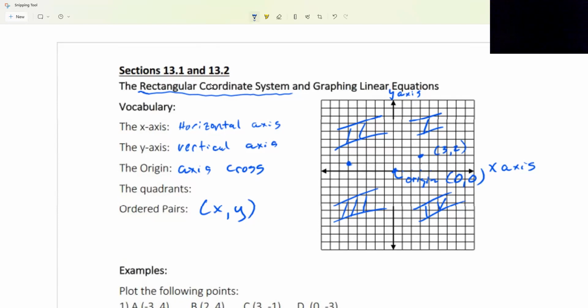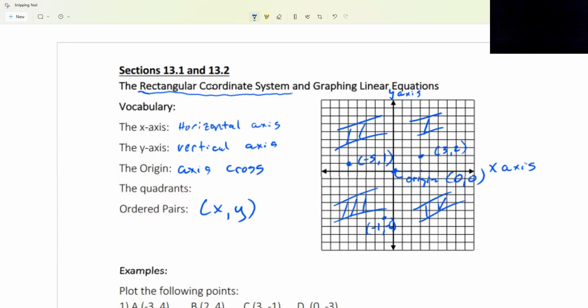This is -5, and then you go up 1, so the coordinates are -5 and 1. Let's say you get this one right here. You go over 1, so that's -1, and then you go down 1, 2, 3, 4, 5, 6. So you're down here at -6.